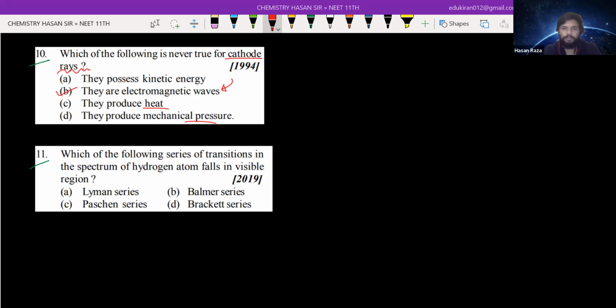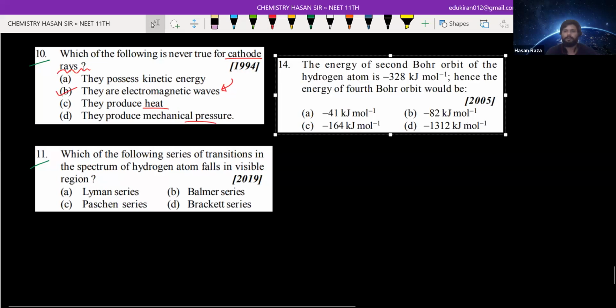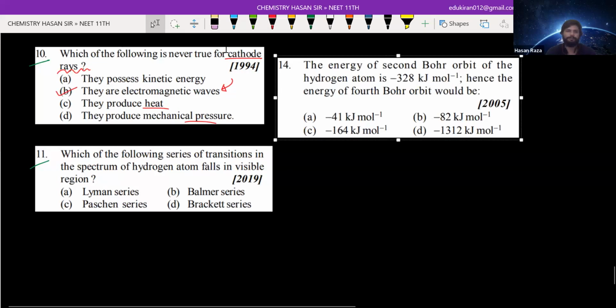Now moving towards Bohr's theory, which is also based upon formulas. Very easy it is. Let me know about this question.